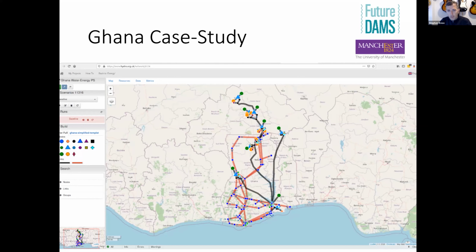You click on it and you'll see this network, and you can choose to see different types of metrics, like we were talking about before, to say the cost of this system is this, or the environmental impact of this piece of infrastructure is this. And not only is there a low level modeler base to this, but there's also an aspect of being able to show this to decision makers and show the impacts of different decisions through this interface. And the whole thing happens through this one web page.